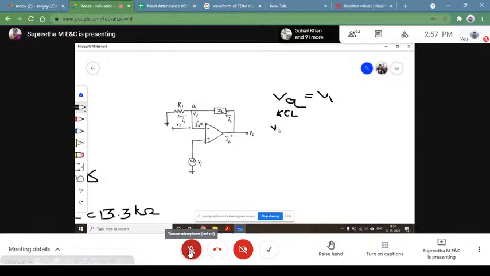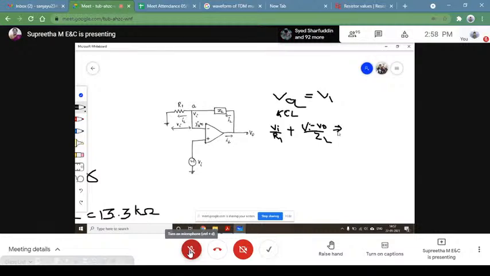So it is VI by R1 plus, what happens again? VI minus V0 by Z, the load.